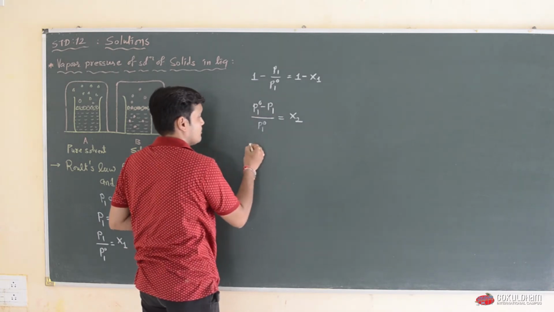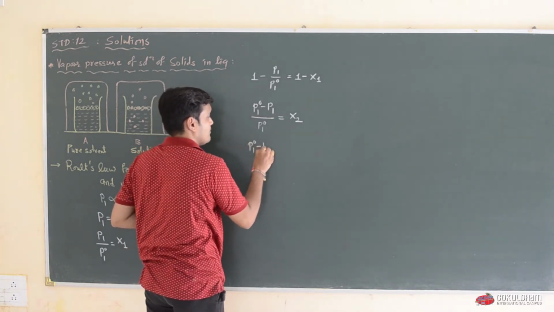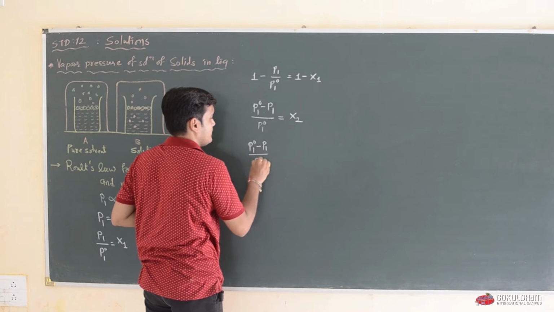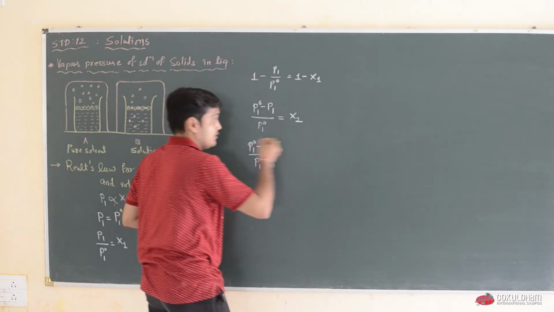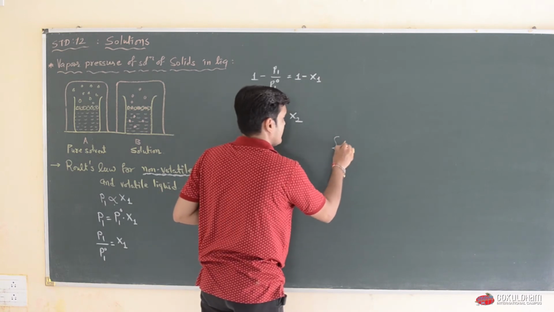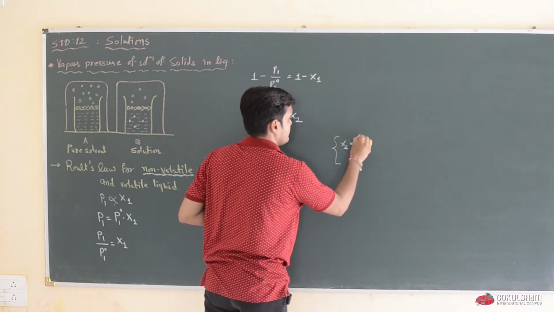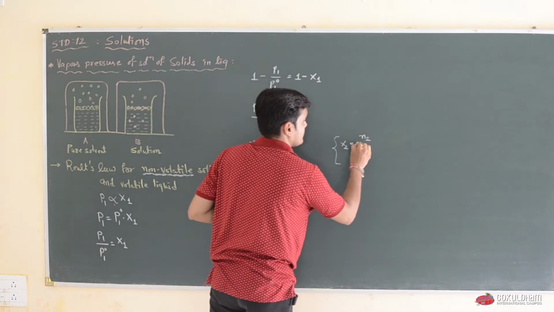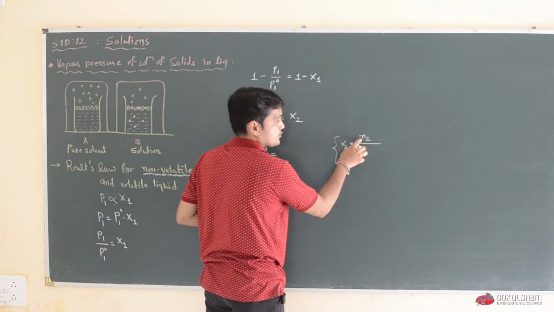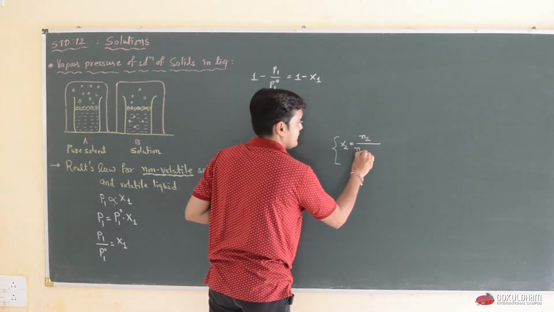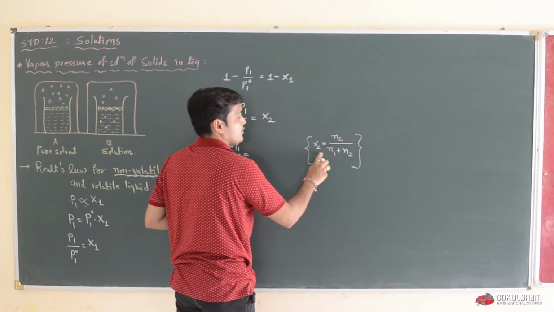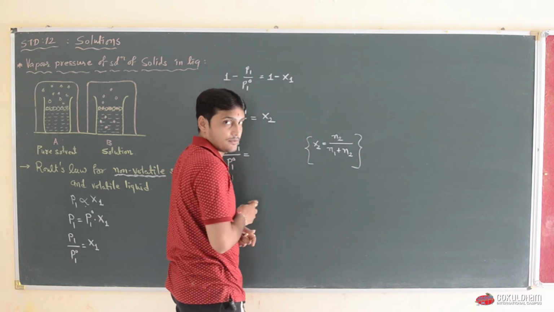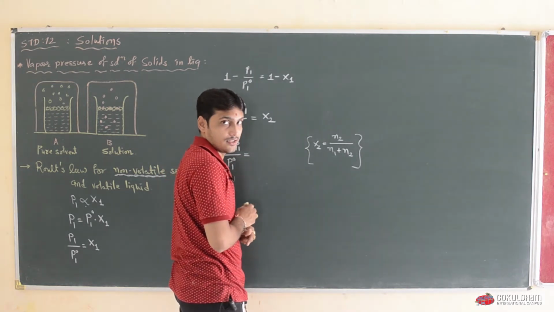This value (P1⁰ minus P1) upon P1⁰ is equal to x2, the mole fraction of component 2, so moles of solute n2 upon n1 plus n2. We know this equation from chapter number 1 in 11th standard.